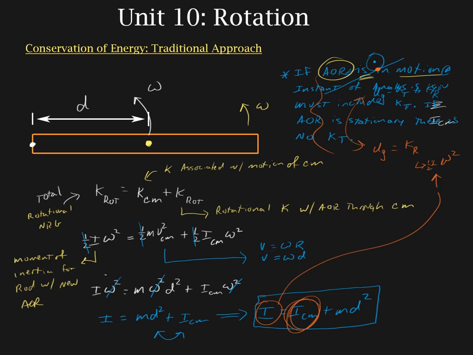We see that as we go all the way through to the end here, this I, which was based on kinetic energy, is going to be equal to the kinetic energy of rotation, plus this kinetic energy term, which is based on just the motion of the center of mass. So that might sound a little bit confusing, but let's go ahead and get started with our actual example, and I think it's going to make a whole lot more sense once you see that.